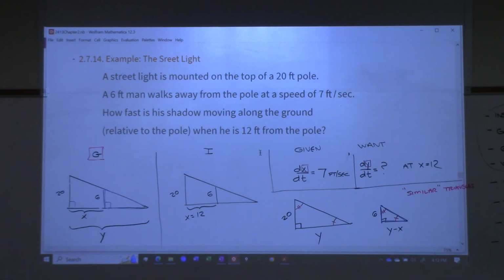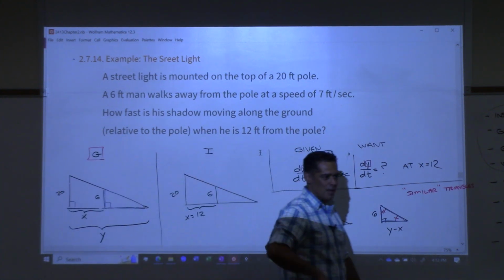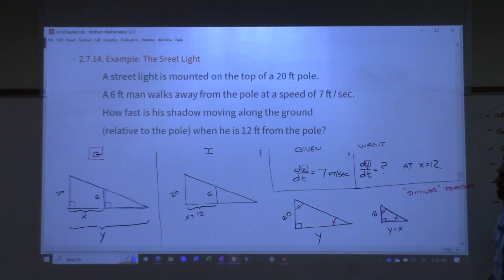Do you agree that all of these equations have x and y connected? Yes. So I just have to pick which one I feel like working with. And I really like this second one because my x and y is on top instead of on the bottom. And if I have to differentiate, I would like to have my variables on top. So I'm going to take that one. Here's my equation.